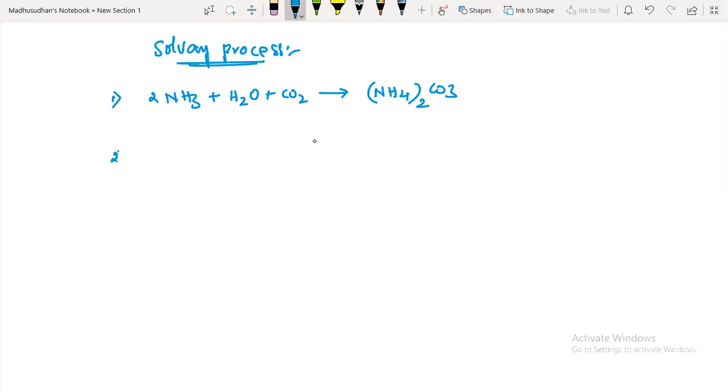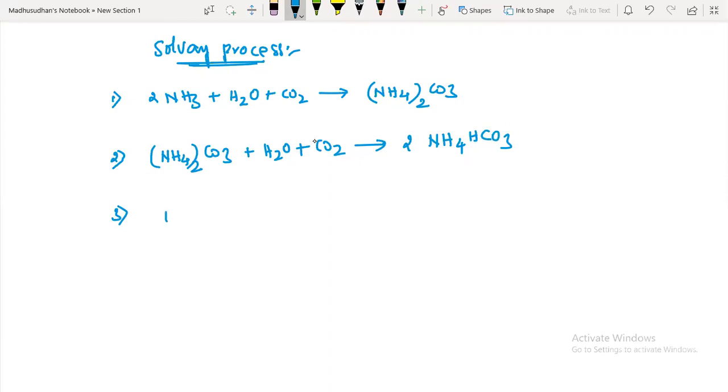Ammonium carbonate. And the second step is this ammonium carbonate, which is formed in the first step, is treated with some excess amount of carbon dioxide and water, and again you will get 2 moles of ammonium bicarbonate. I'll write the names also later.